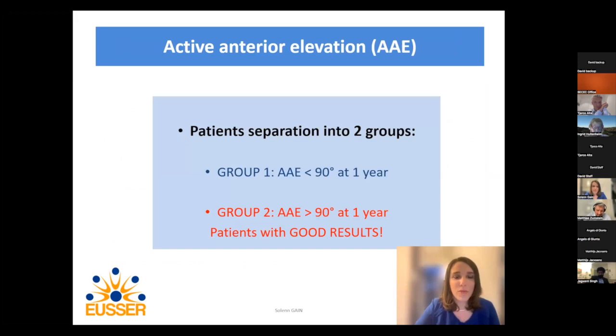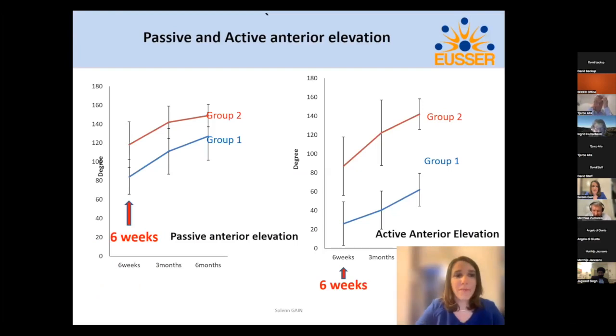And group 2, who had an active anterior elevation recovery above 90 degrees at 1 year. If we look at passive and active anterior elevation range of motion after surgery, we can see that the difference between the 2 groups begins very early after surgery, and at 6 weeks, there is a big difference between group 1 and group 2.